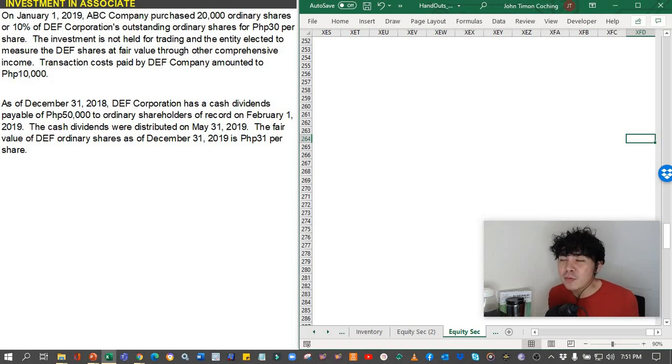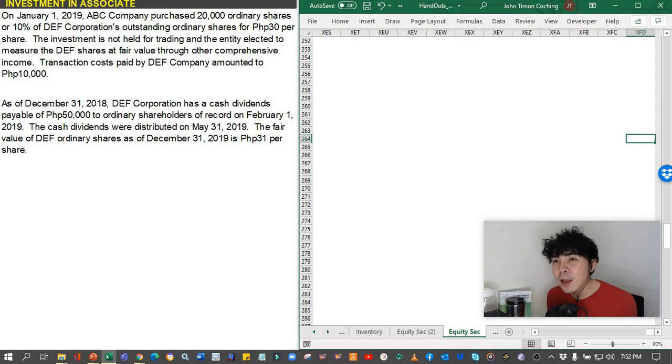So our investment is under IFRS 9, which is either cost model or fair value model. Subsequently, we have an additional acquisition of shares, the result of which will give the investor significant influence. That is significant influence acquired in stages.